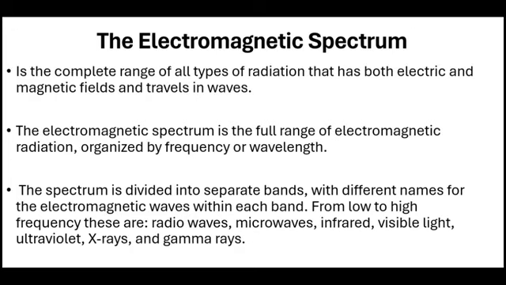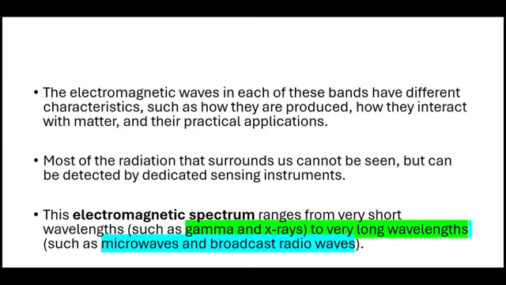These are radio waves, microwaves, infrared, visible light, ultraviolet, X-ray, and gamma rays. The electromagnetic waves in each of these bands have different characteristics, such as how they are produced, how they interact with matter, and their practical applications.